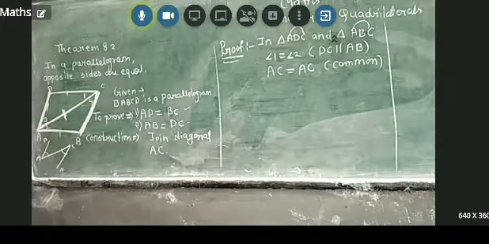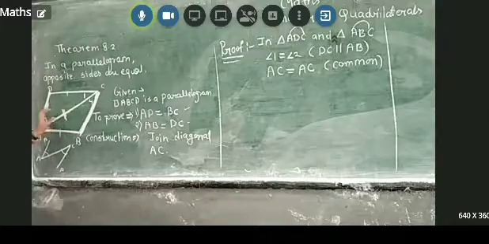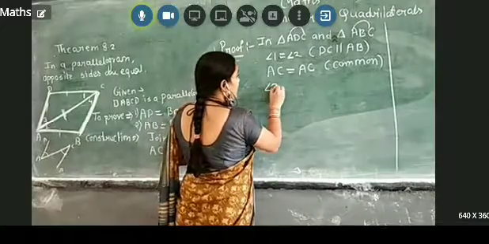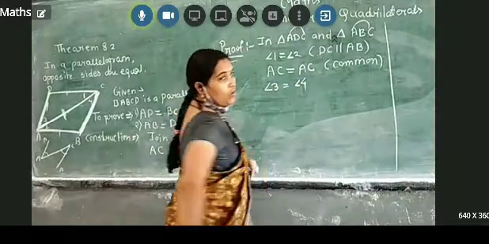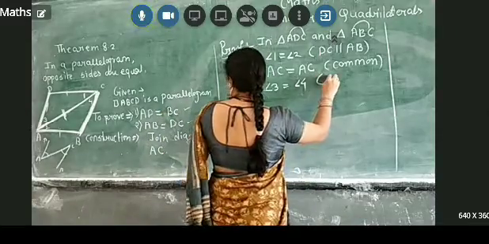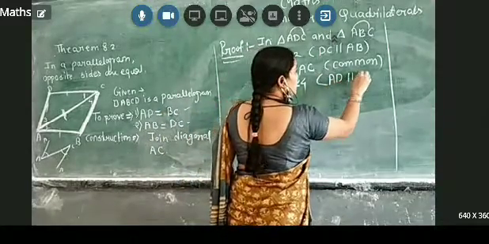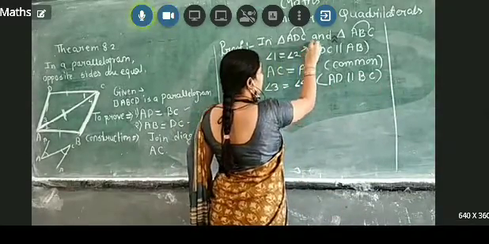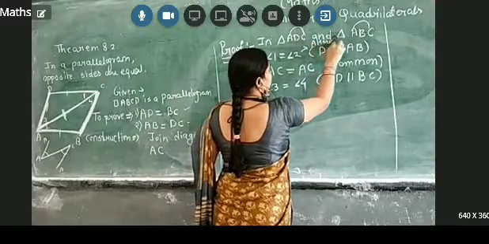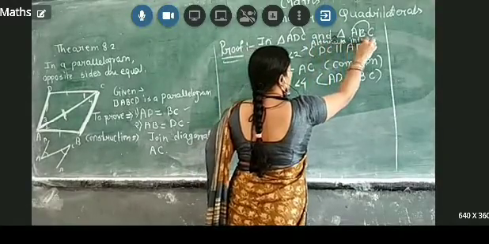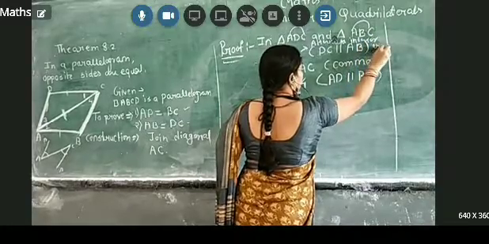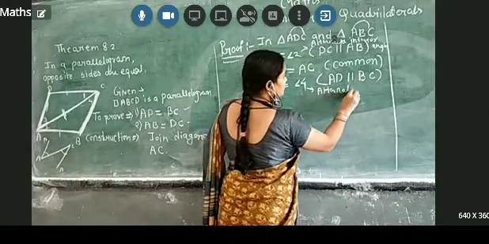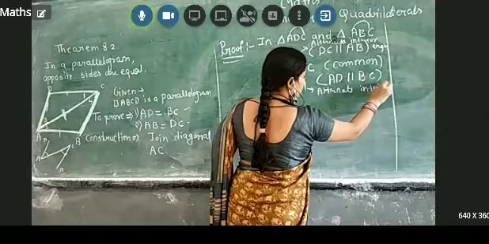These two angles are also equal because they form alternate interior angles and alternate interior angles are equal to each other. So write here angle 3 is equal to angle 4. Reason: AD is parallel to BC and AC is transversal. Here you can also write alternate interior angles, that I forgot to write over here. Here also alternate interior angles.